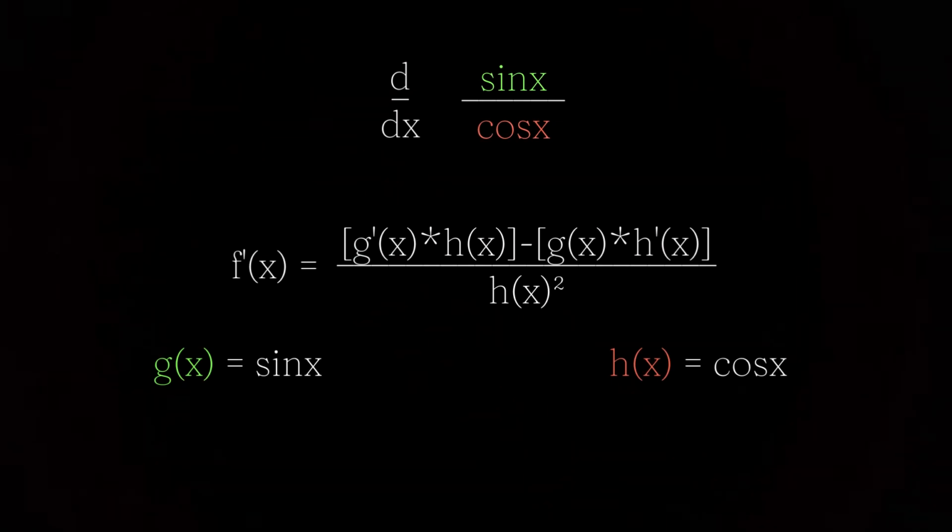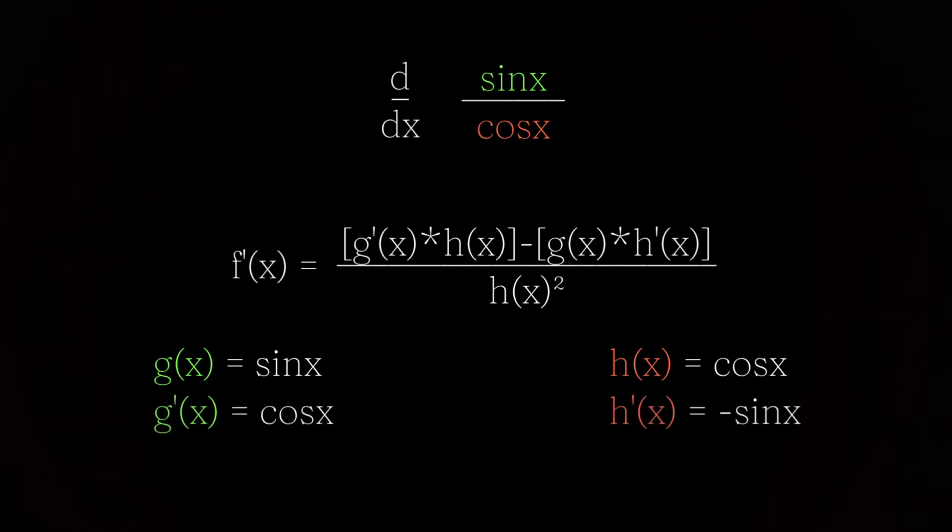Now, which one is the g of x and which one is the h of x? We can equate sine x equals g of x and cosine x equals h of x, where g of x is the numerator and h of x is the denominator.